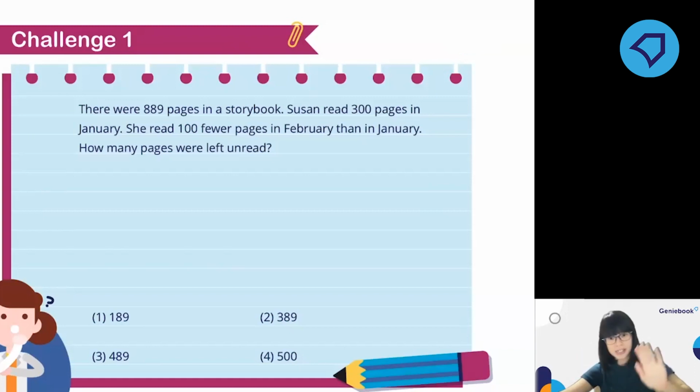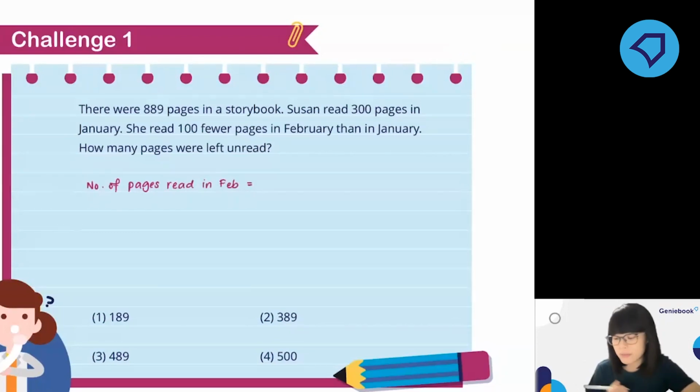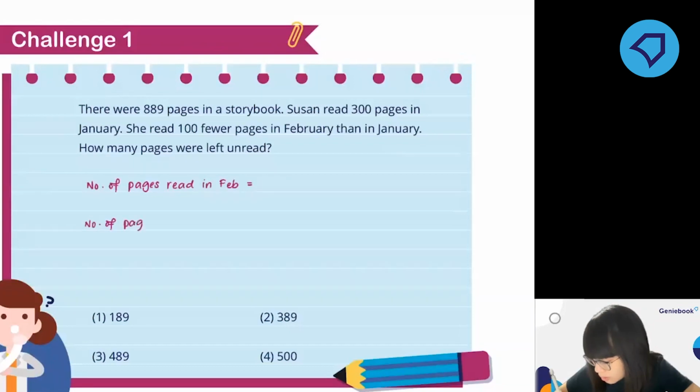Okay, I'm going to write down the partial statements for you guys, okay? So the first thing that you need to do is to find the number of pages you read in February. Number of pages read in Feb. After you find the number of pages you read in February, you need to find the number of pages read, which is January plus February.